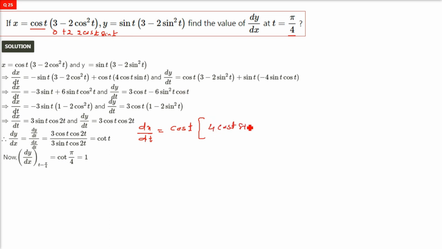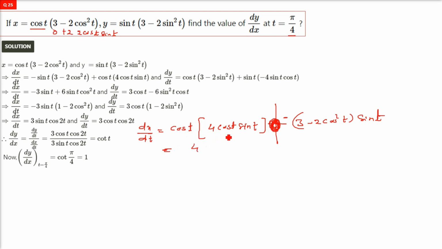Okay. Then we have, and there is plus in between. This is a very big plus, but just assume it to be a plus. 3 minus 2 cos square t, and then cos t will be minus sin t. So this big plus will now become a negative. So 3 minus 2 cos square t, and this cos t will be sin t, differentiation. I'm multiplying this now. So 4 cos square t sin t.